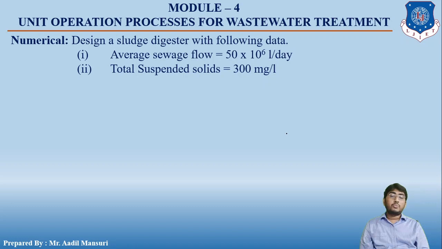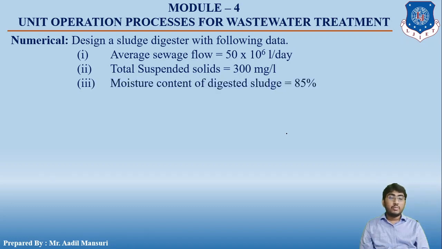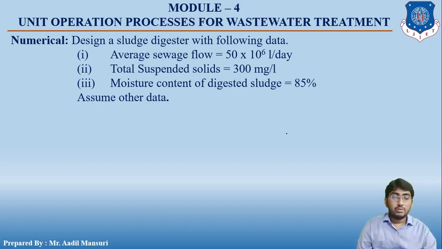Then total suspended solids are 300 milligram per liter, and moisture content of the digested sludge is 85%. And they are saying assume the other data. Okay, so let us now start with the numerical.